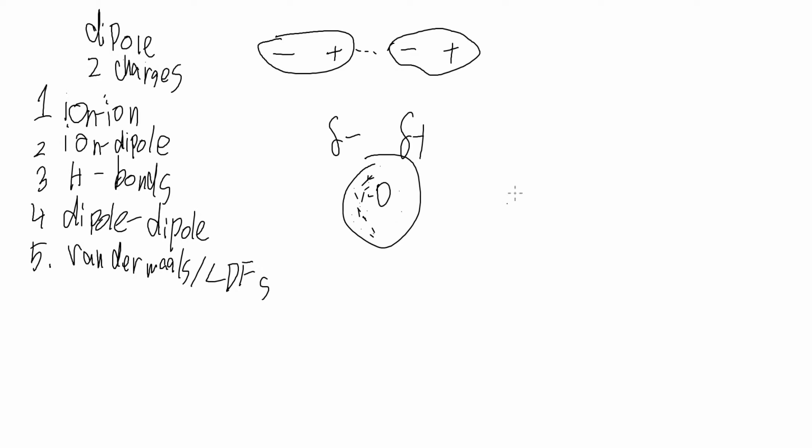And so what this can do is, in another neutral atom, shift the electron density over here, such that these then become attracted to each other. And this is instantaneous, very, very quickly.